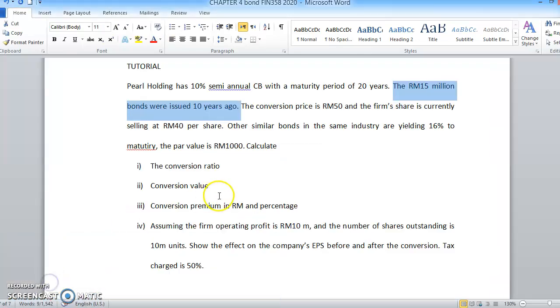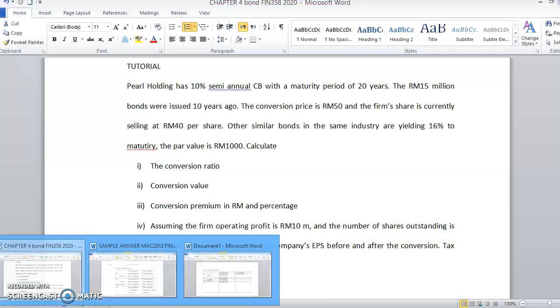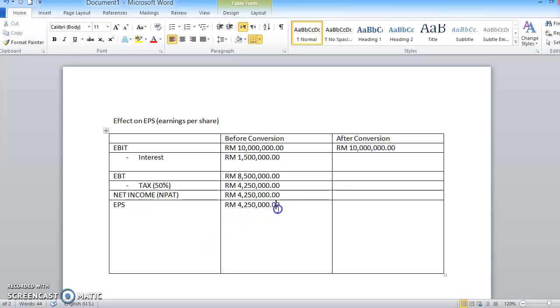So previously, before the conversion, how much was the total share? We can check over here. The number of shares outstanding is 10 million units. 10 juta, 10 million units, right? So of course, this one kita akan bahagi dengan, not RM, sorry, 10 million units of shares.